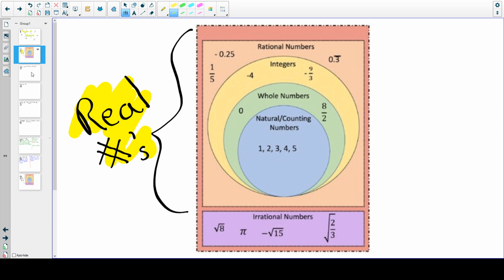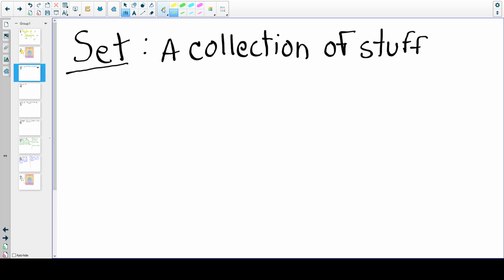The first thing, and I'm not too sure if we actually talked about this, but it is super important to know, is notation. There is a term called a set, and a set is defined as a collection of stuff. In mathematics, when we want to write a set, we use curly brackets. Let's say I have a collection of colors.